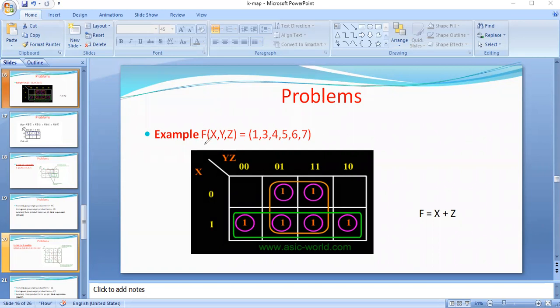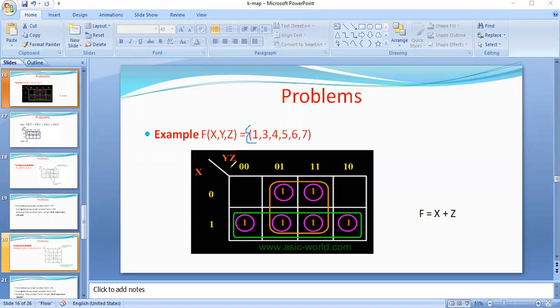But here, the given problem has f of xyz equals summation of, meaning the given numbers are minterms: 1, 3, 4, 5, 6, 7. The function consists of 3 variables. In the first step, we have to draw the 3 variable K-map.